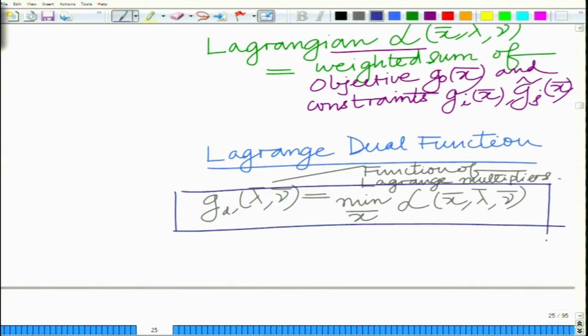What we call the Lagrangian dual is: you take the Lagrangian for given Lagrange multipliers lambda bar, nu bar, and take the minimum over x bar. That is the Lagrange dual function.